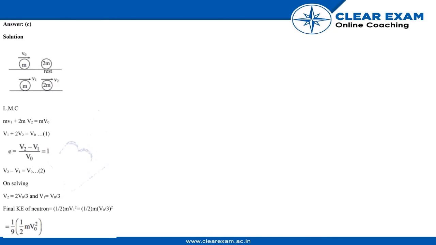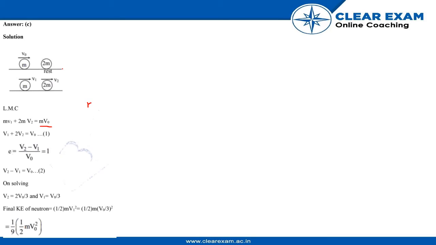So first we will see by the diagram that we will have a mass m and another mass 2m which is at rest. The initial velocity will be v0, then v1 and v2 respectively. So according to the question given, we will form an equation which is mv1 plus 2mv2 equals mv0.